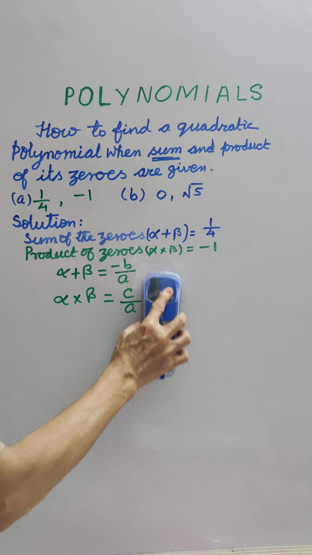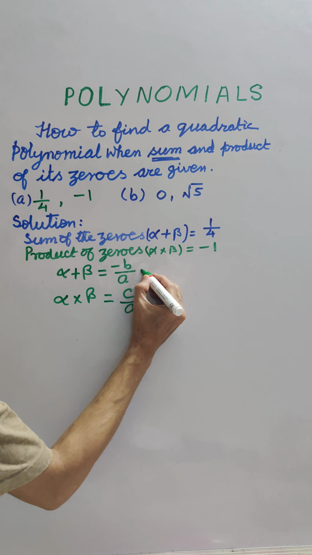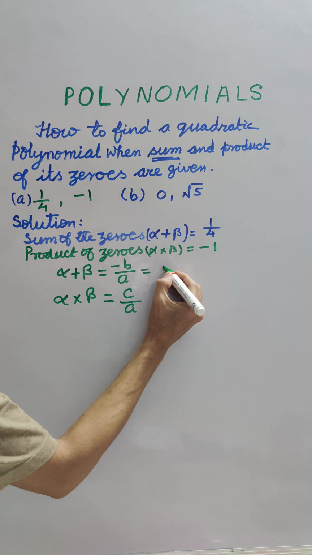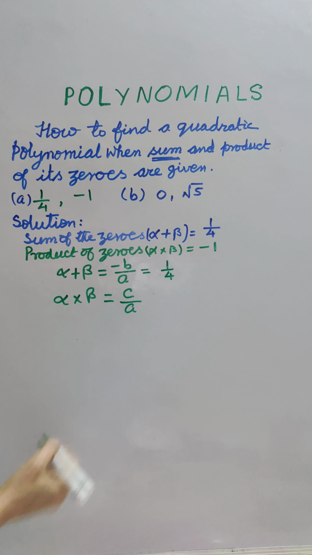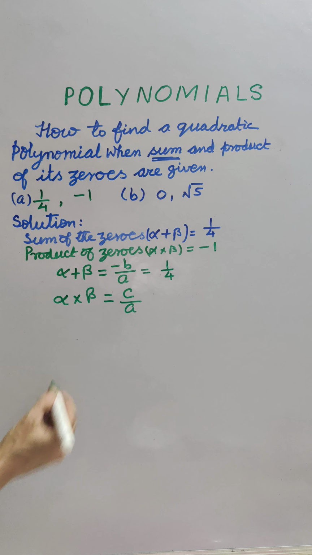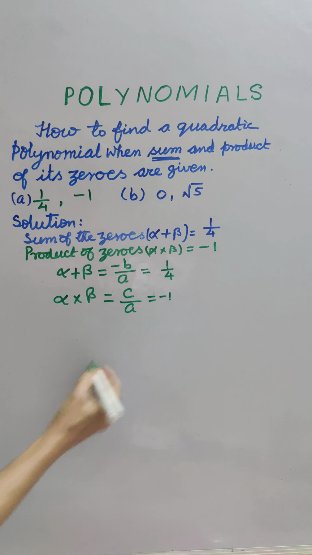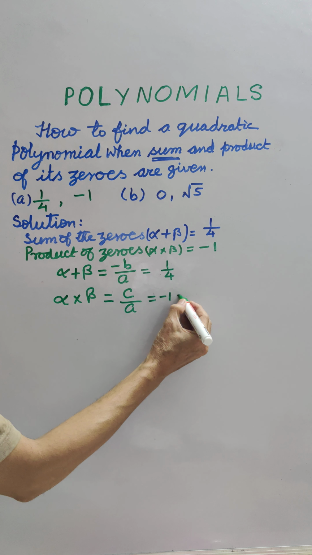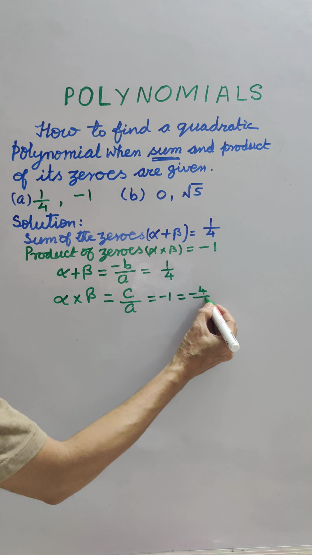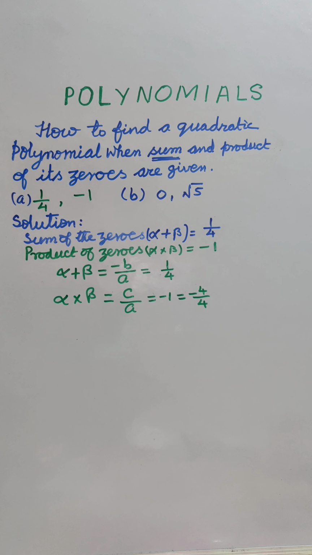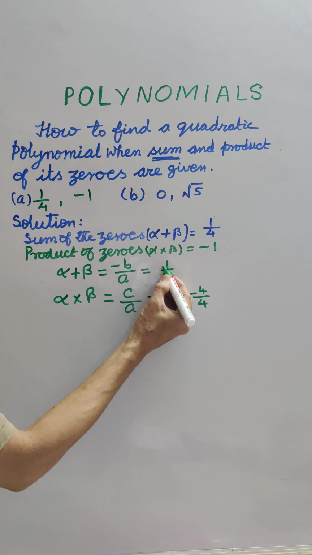So this way minus b upon a is 1 upon 4. And c upon a is minus 1. Minus 1 can be written as minus 4 upon 4.